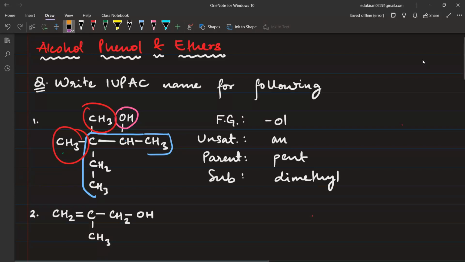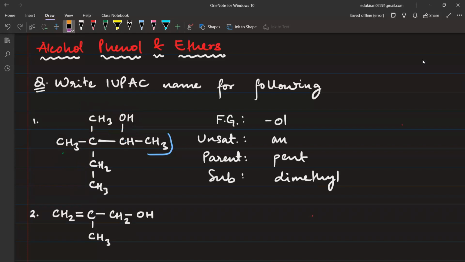Okay, let's do the numbering first. If we number this, then we will start numbering from the carbon atom which is nearest to the functional group. So 1, 2, 3, 4, 5. Now the methyl is on the third carbon atom. So 3, 3 methyl, dash. Then pent we don't have to number.